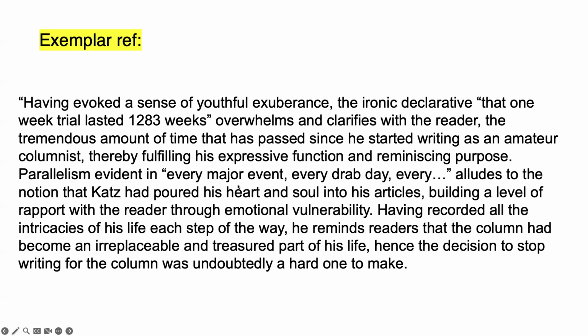Parallelism evident in every major event, every drab, etc., alludes to the notion that Katz had poured his heart and soul into his articles, building a level of rapport with the reader through emotional vulnerability. Having recorded all the intricacies of his life each step of the way, he reminds readers that the column had become an irreplaceable and treasured part of his life. Hence, the decision to stop writing for the column was undoubtedly a hard one to make.